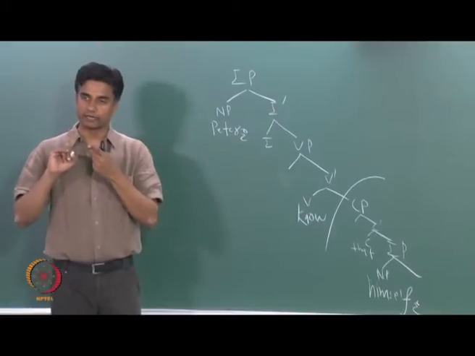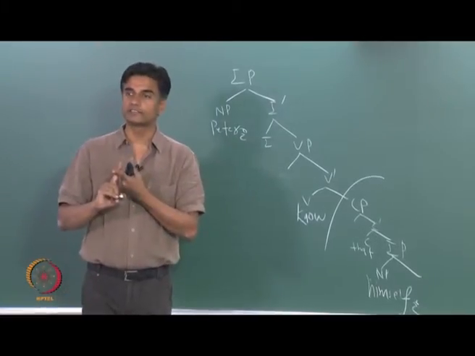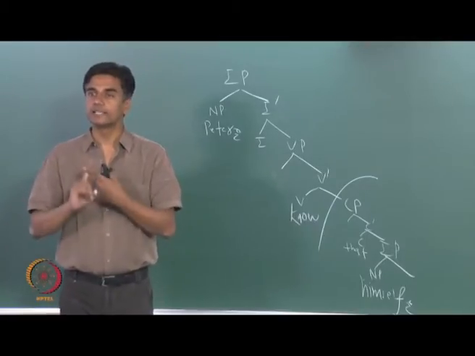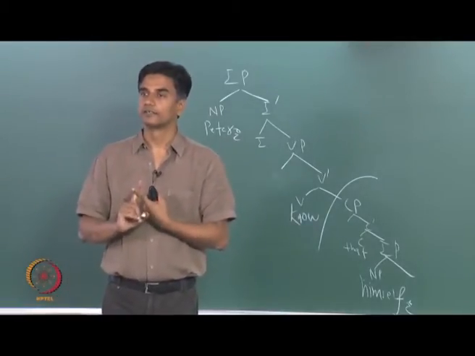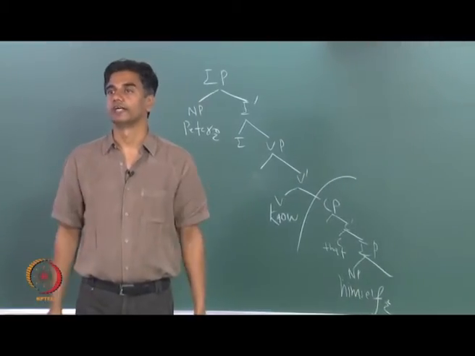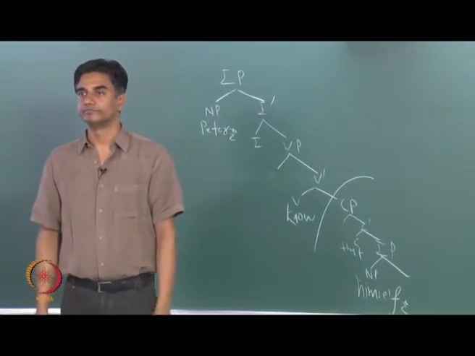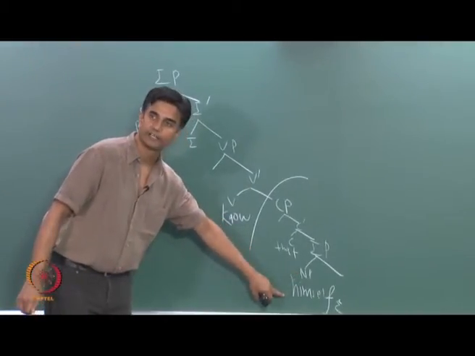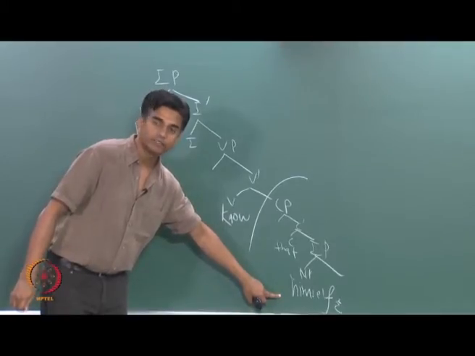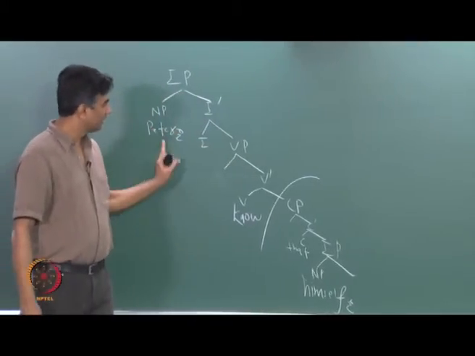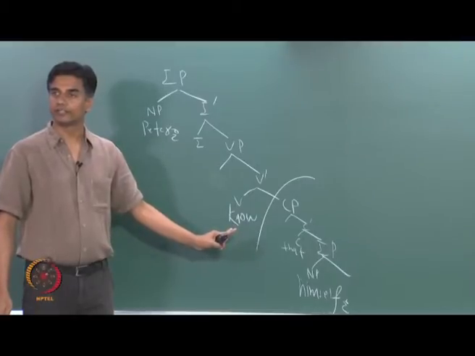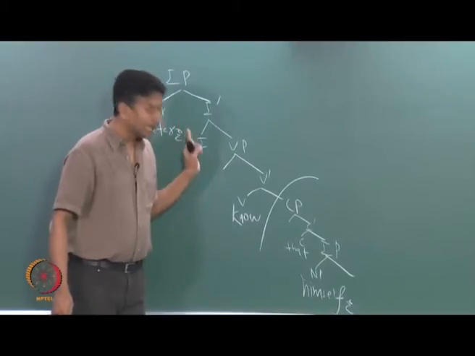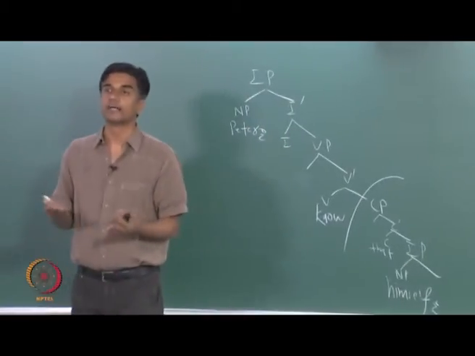So being co-indexed, being in the C commanding domain in the same IP is the actual condition for NFRs to occur. Being here in the spec position of another IP, even though it is co-indexed in the C commanding domain of its antecedent, the problem is actually it is not in C commanding domain.